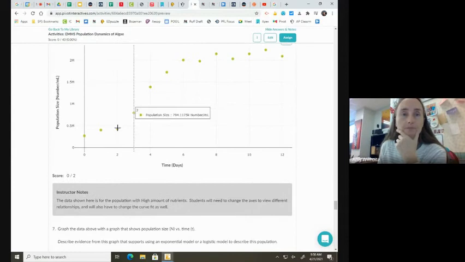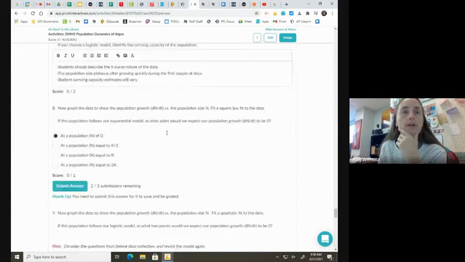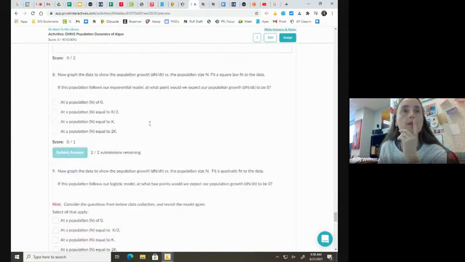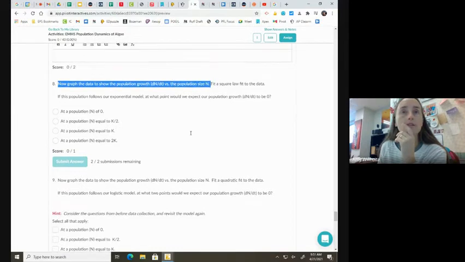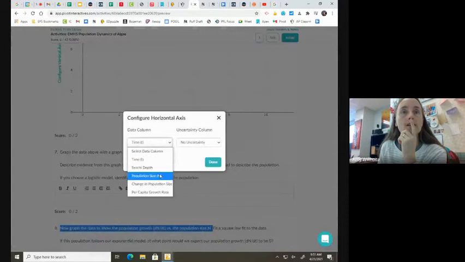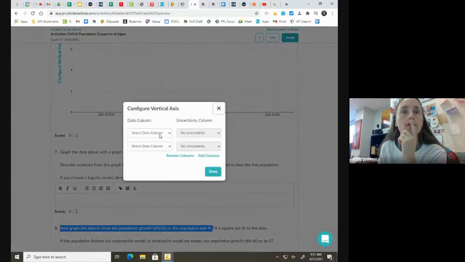Basically you go down, and I'm leaving the answers on, but I'll take them off on these multiple choice ones. It's going to say, now graph the data to show population growth versus population size. So we go back up here and say population size and population growth.